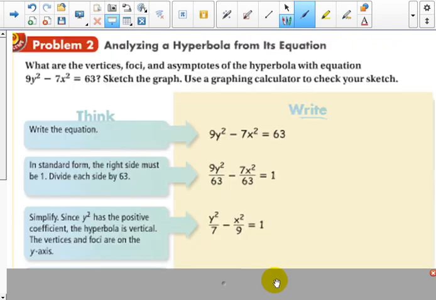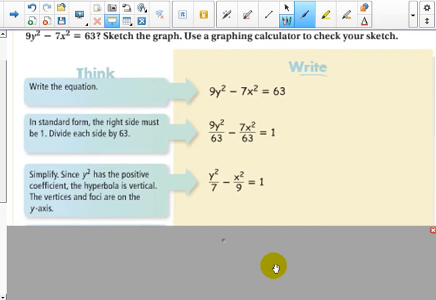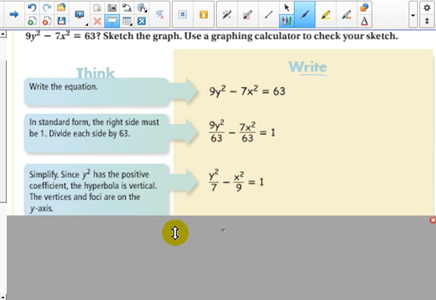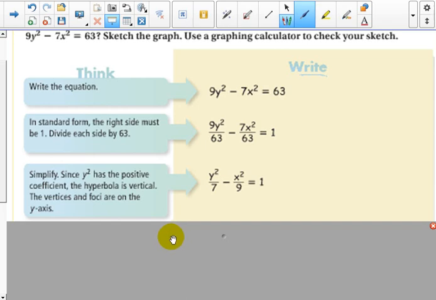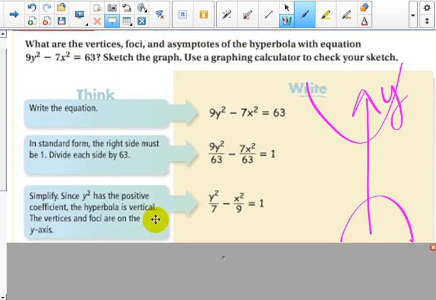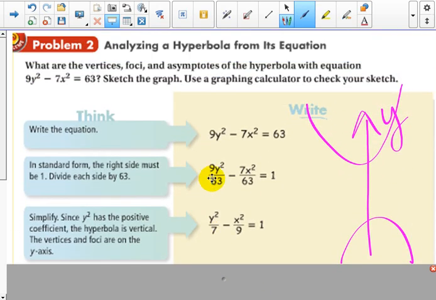So your vertices and your foci are both on the y-axis because it's one like this. Right? So what are they asking us for? What are the vertices, the foci, and the asymptotes?